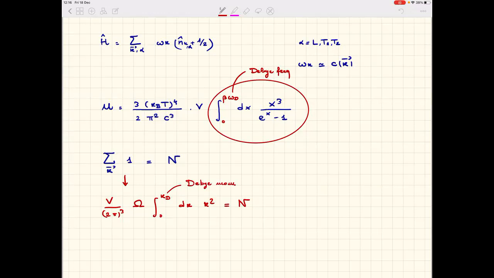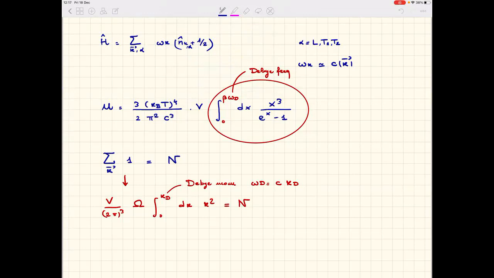The two are related by omega_D equal to c times k_D, where c is the speed of sound in my system. All right, so let's see how to write down the Debye frequency as a function of the density in my solid. It's actually quite simple.